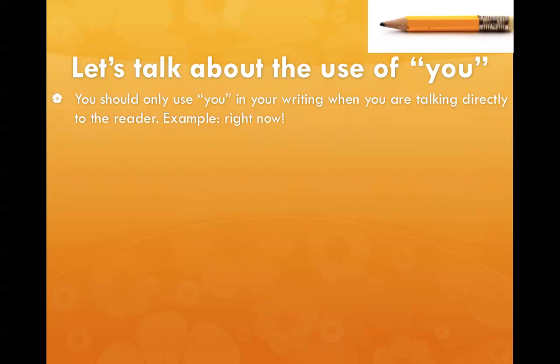For example, right now I can say you because I know that I am talking to you, my students. The only time that you should use you is when you know who you are directly talking to. So if you're writing a personal letter, maybe you are writing to a specific group of people, like I am presenting to a specific group of people, my students. So I can say you.